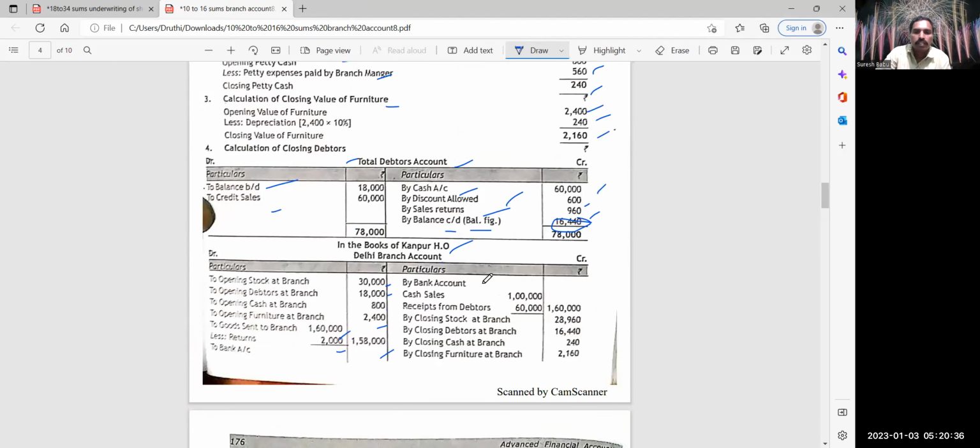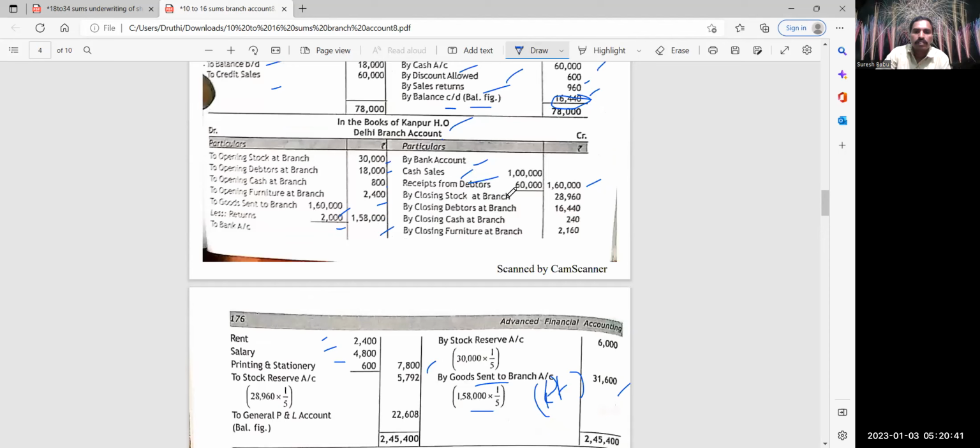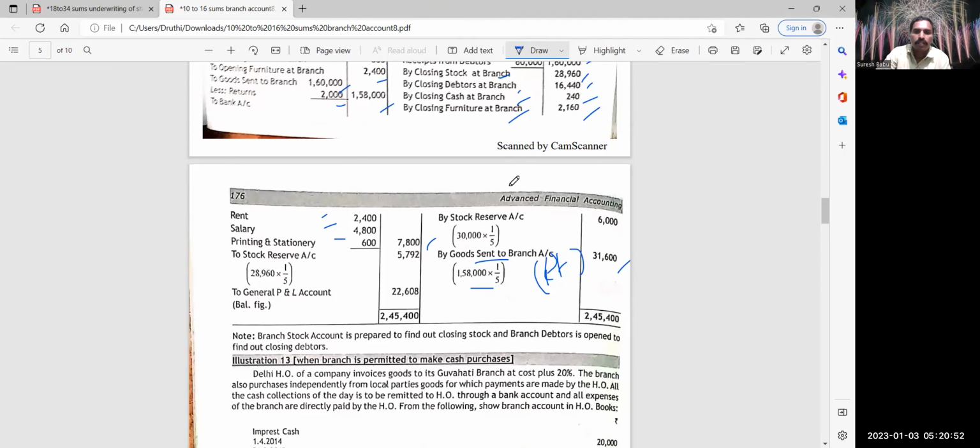Then on the credit side, by bank account, cash sales and receipts from debtors, 1,60,000. Closing stock 28,960 calculated. Closing debtors 16,440. Closing cash 240. Closing furniture 2,160. Correct now?